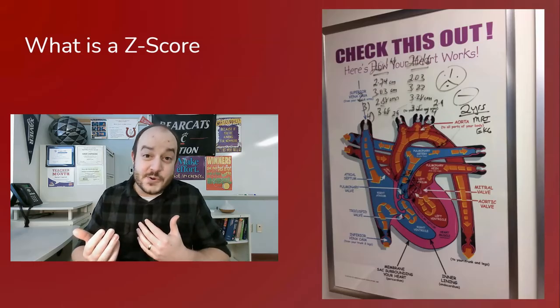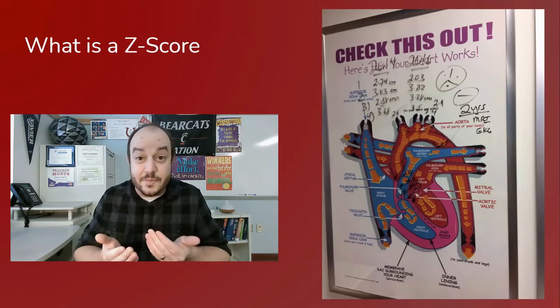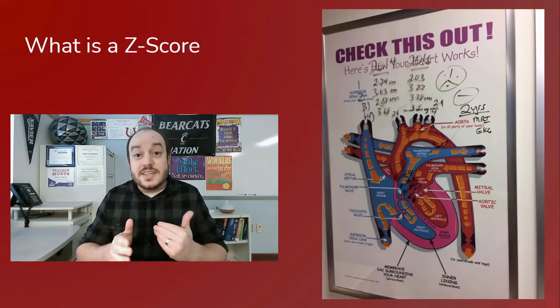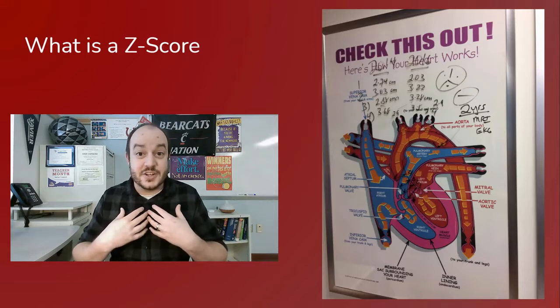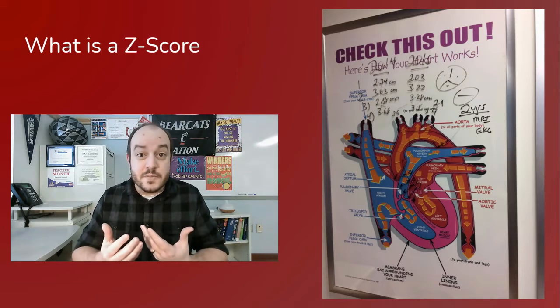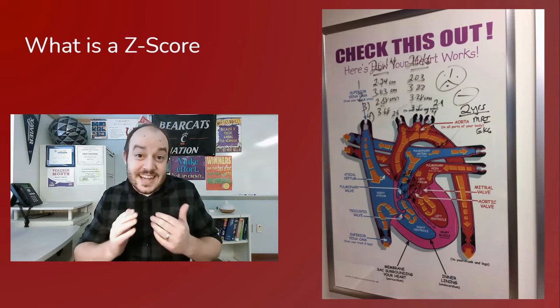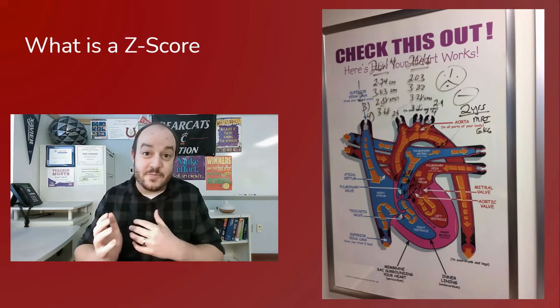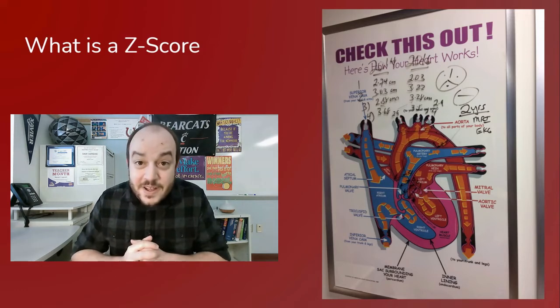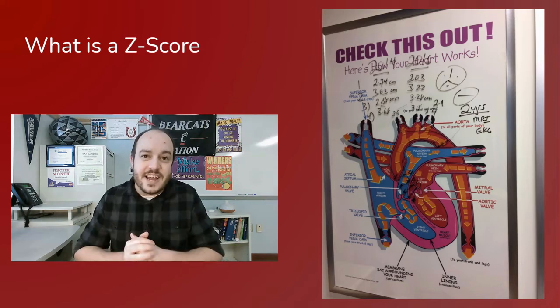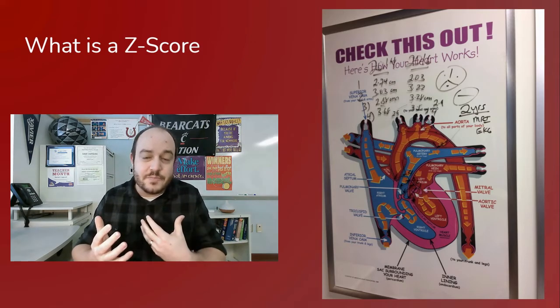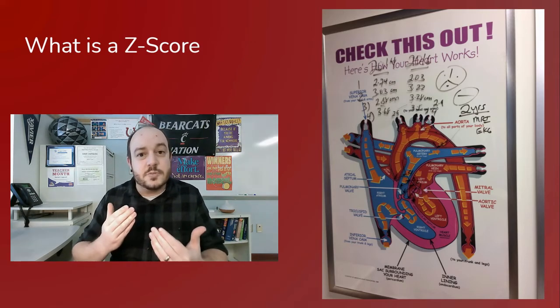Another cool thing about z-scores is it allows you to know a lot about something you actually know nothing about. For example, I actually had heart surgery as a young child, and every year I have to go in for an appointment to see how my heart is currently doing. One of the things we discuss in there is the current diameters of the arteries going in and out of my heart. Guess what? I know nothing about that, but I'm able to have a solid conversation with my doctor about it because he talks about it in terms of z-scores.